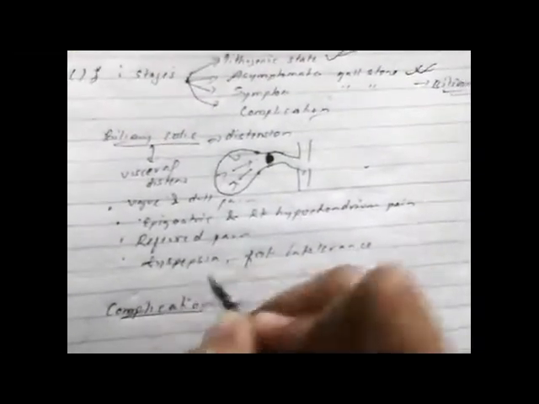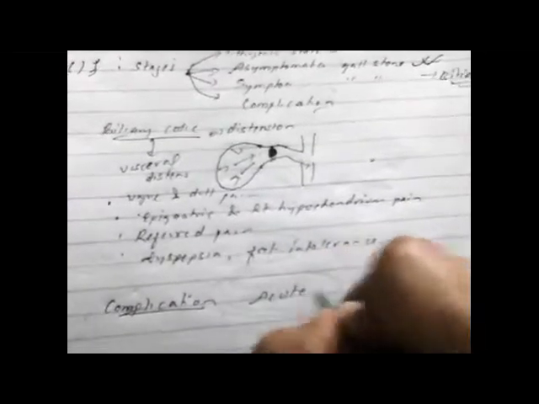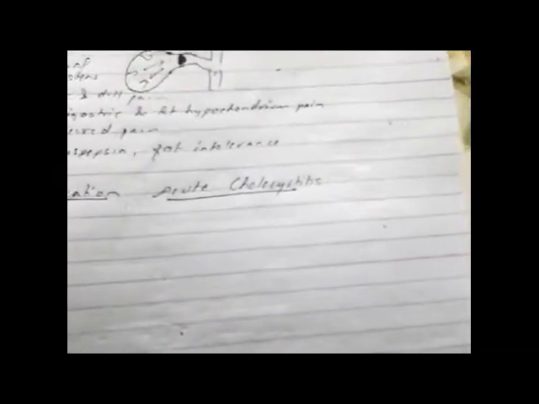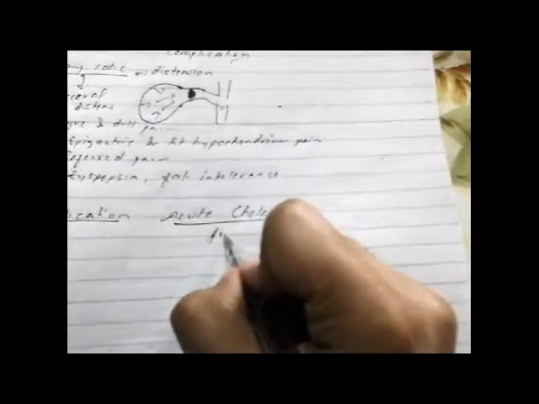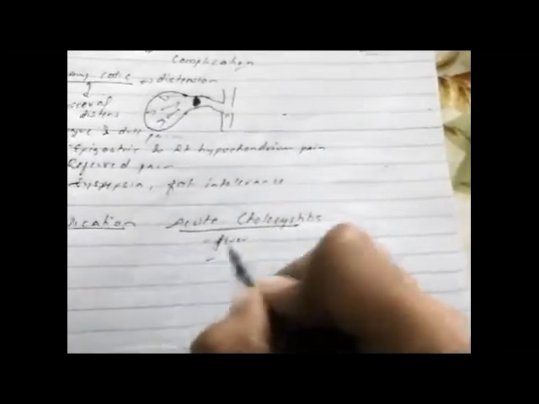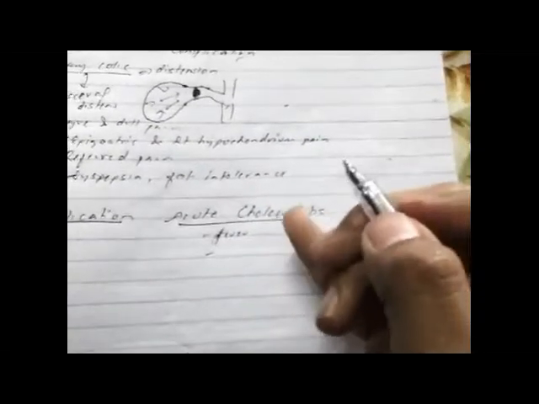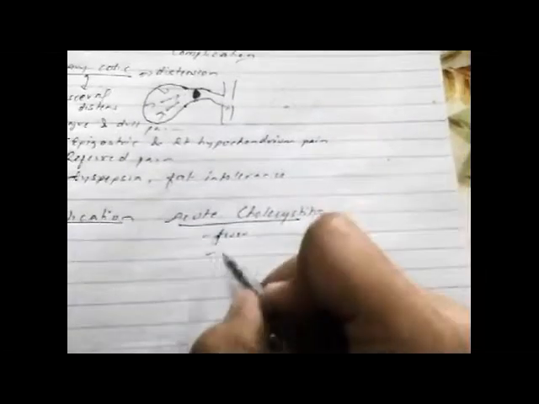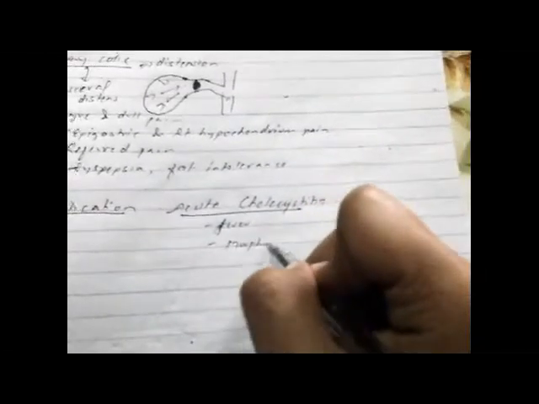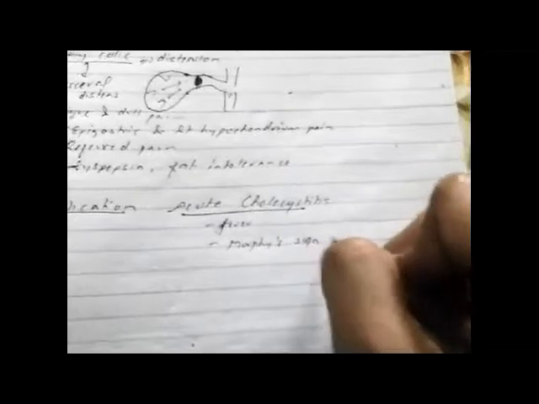The most important complication is acute cholecystitis, which in most cases is due to the stone. Acute cholecystitis has features of fever, and Murphy's sign will be positive.